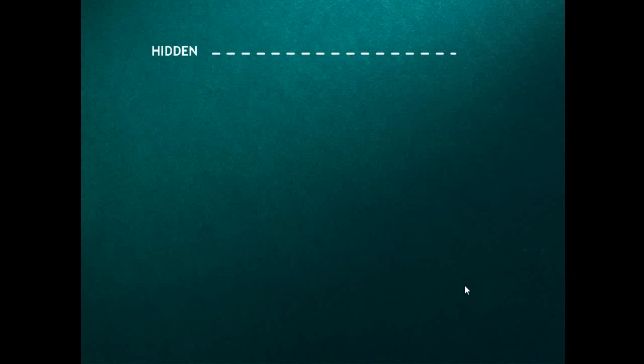Another example is the hidden line. Hidden lines are represented by dashes, and it's also known as the invisible line.